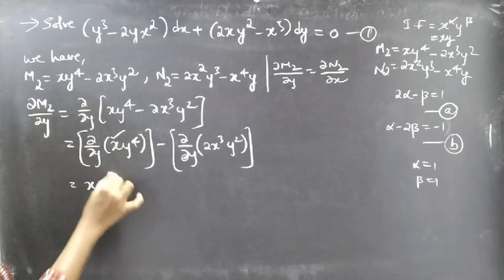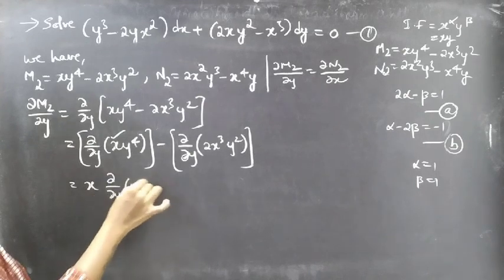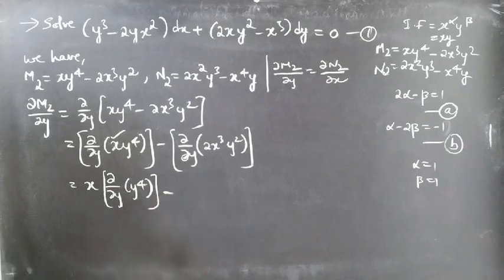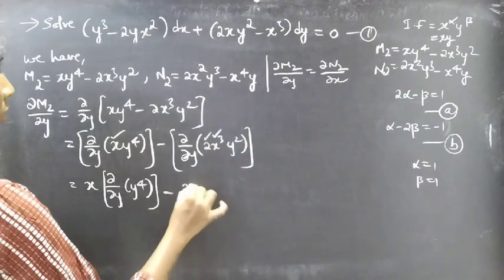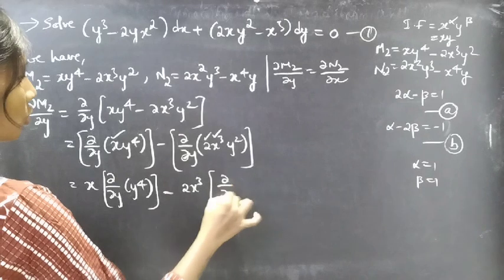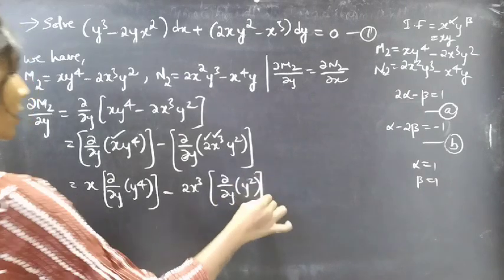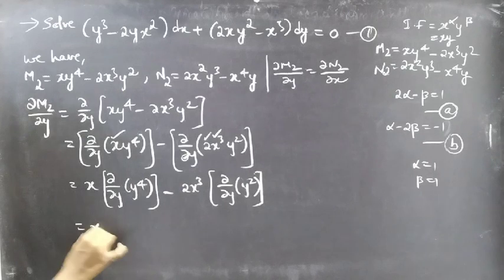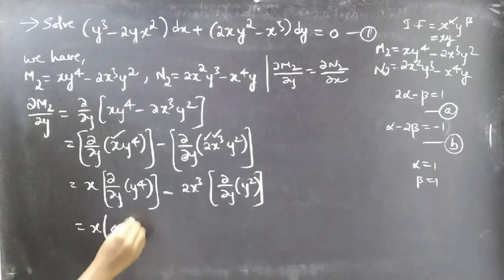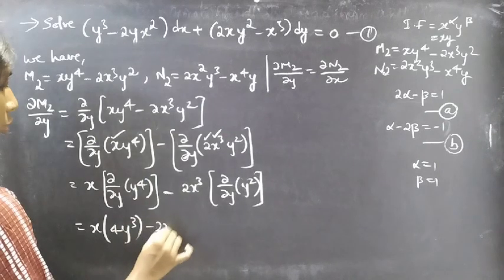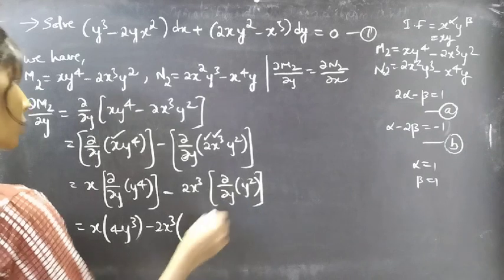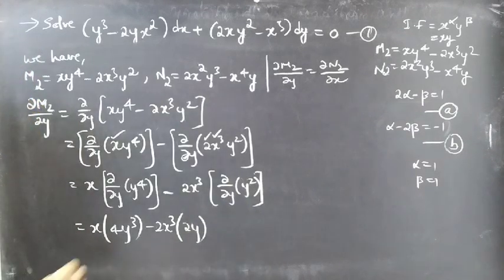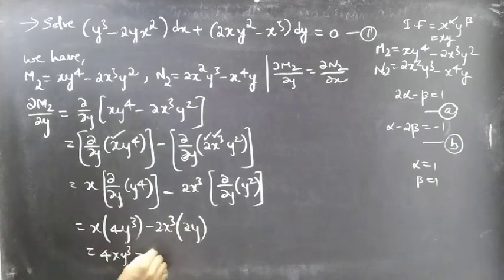Here x is constant, so x into dou by dou y of y power 4, minus 2x cube into dou by dou y of y square, which gives x into 4y cube minus 2x cube into 2y, which gives 4xy cube minus 4x cube y.